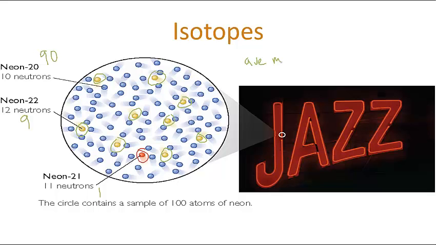Okay. Average mass for neon is 20.18. So very close to 20, but not exactly 20, because you do have these 9% that are neon 22 and the 1% that's neon 21. Okay.